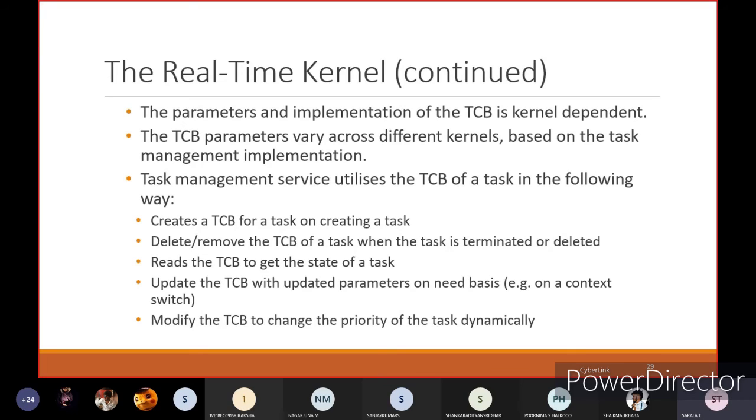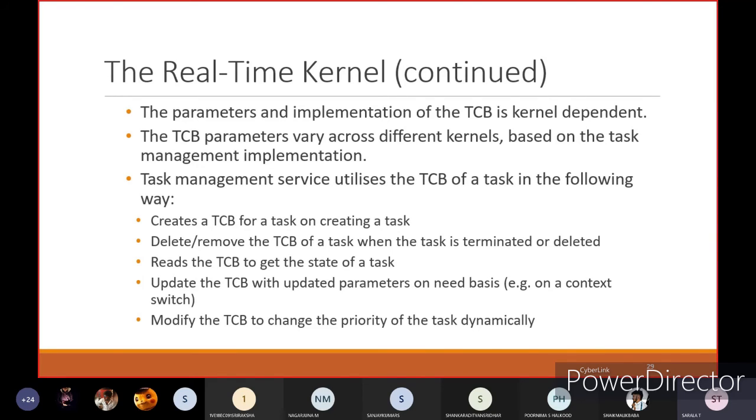The parameters and the implementation of the task control block are kernel dependent. Whatever parameters are in the task control block depend on the kernel. The TCB parameters vary across different kernels based on the task management implementation.